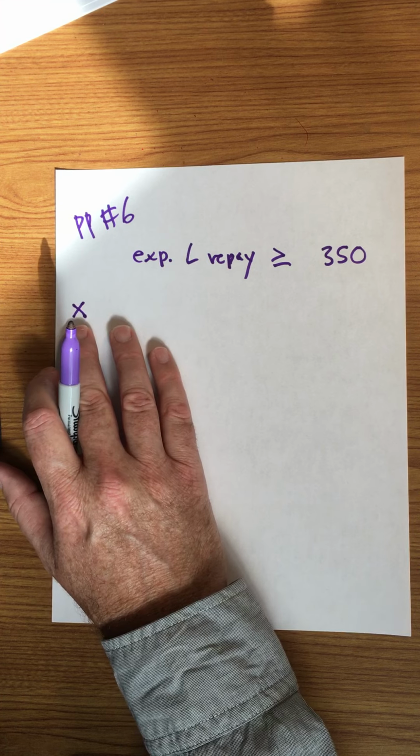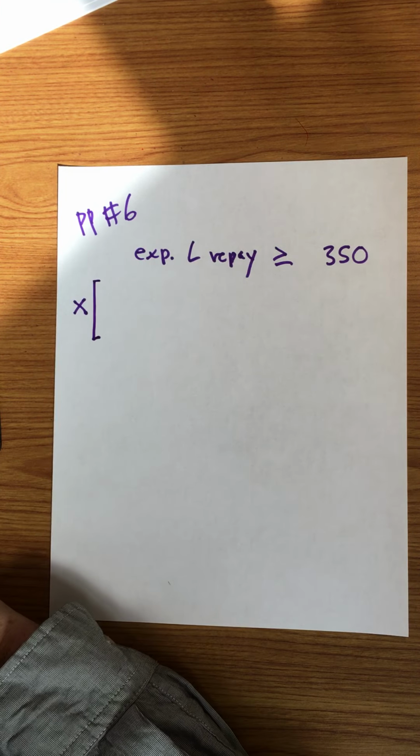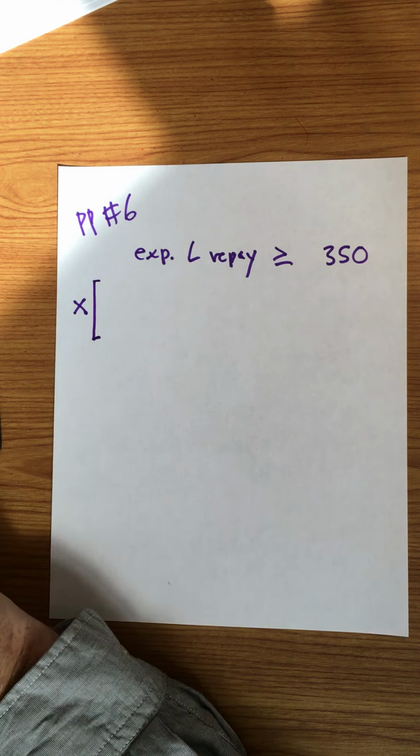If it winds up in the hands of a type A borrower, it says in the problem that A repays with probability 0.91. So I go 0.91 chance that the loan payment is paid in full. 1 plus I times 350 would be the full loan payment. Otherwise default. So close the brackets.